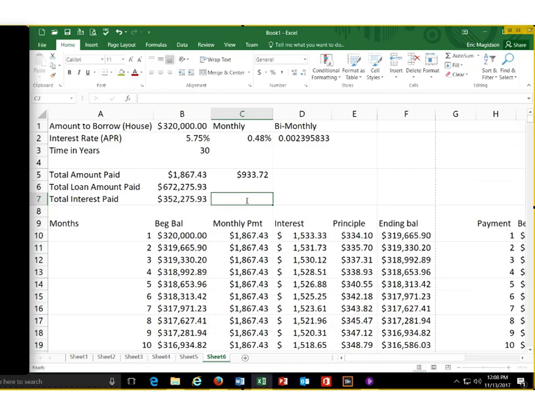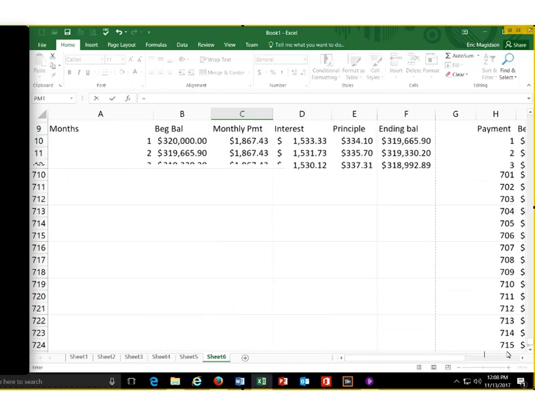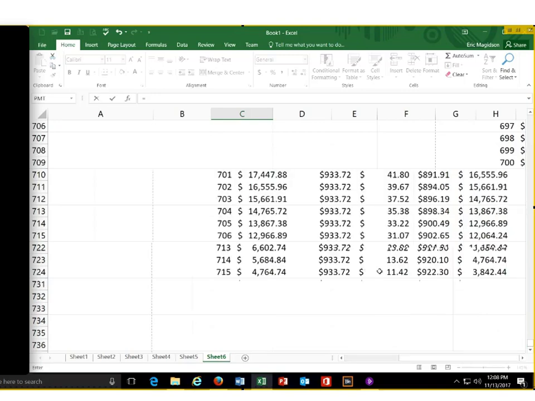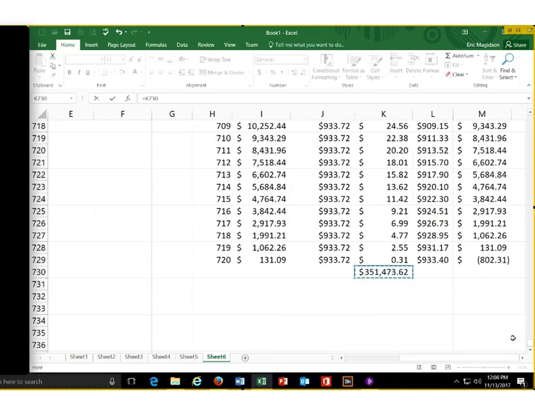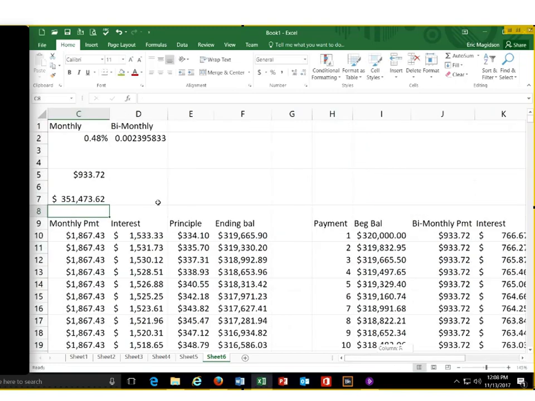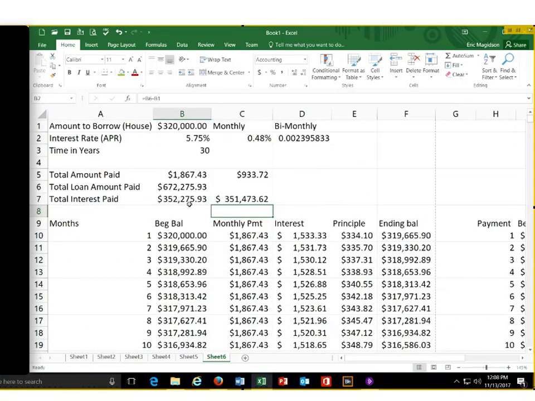So this is going to be equals this number here. Do we agree? We were going to pay $352,000 in interest, but instead we only paid $351,000.